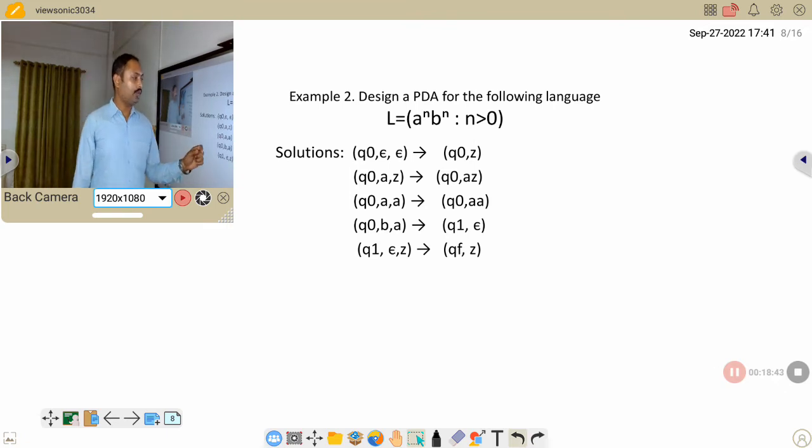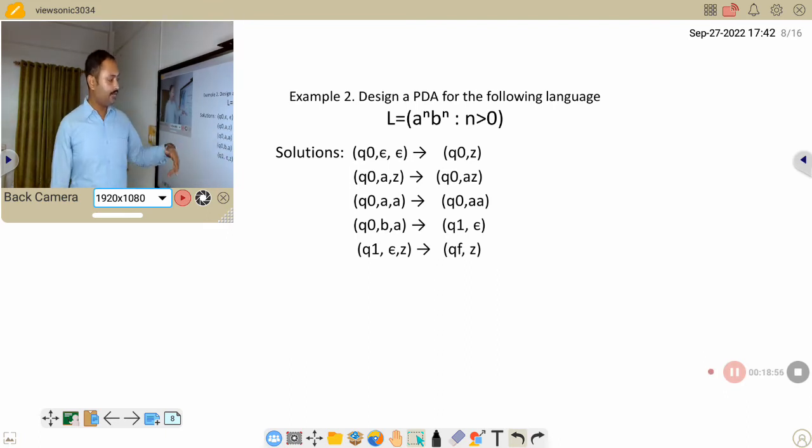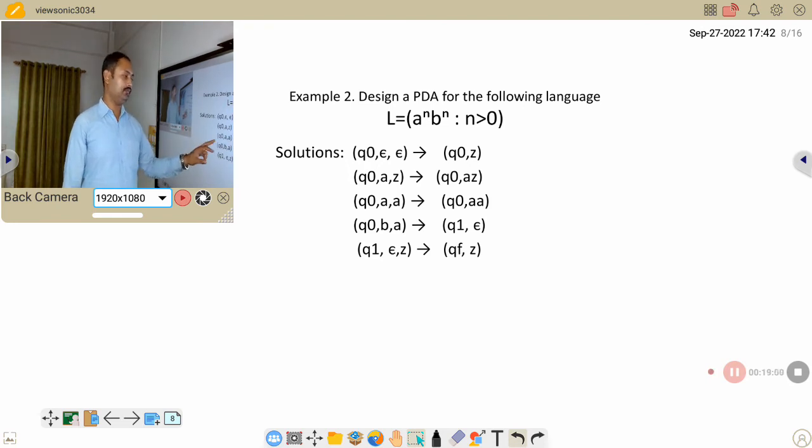Now we are going to insert A. The input symbol is A and the top of the stack is Z, so we can easily add A over Z. Like this we can also add A after A by using this transition.